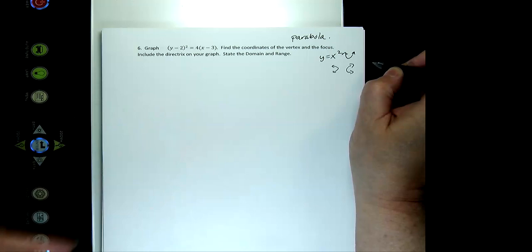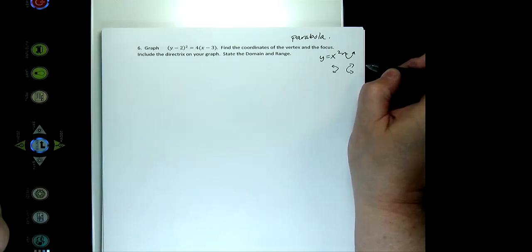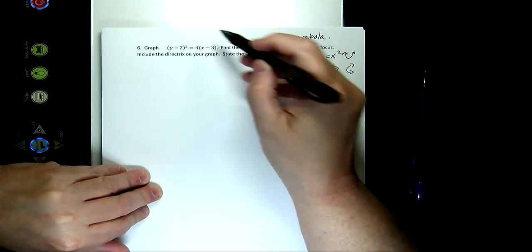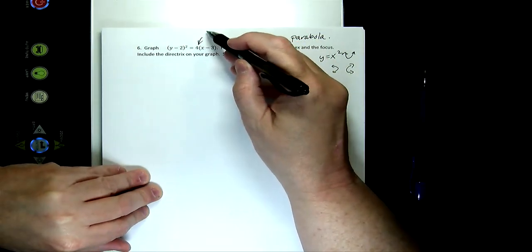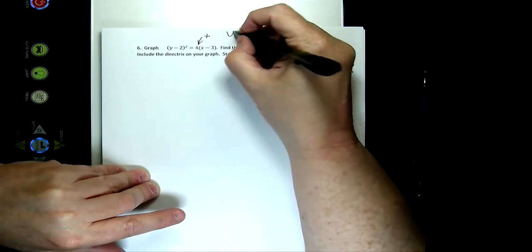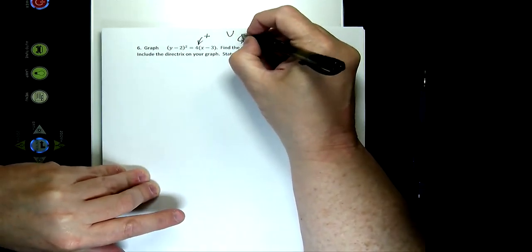How can I tell which way it's going? When all the constants are gathered together here, if this is positive, it's either going up or it's going right.